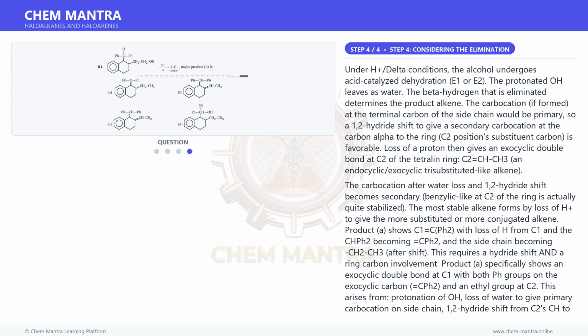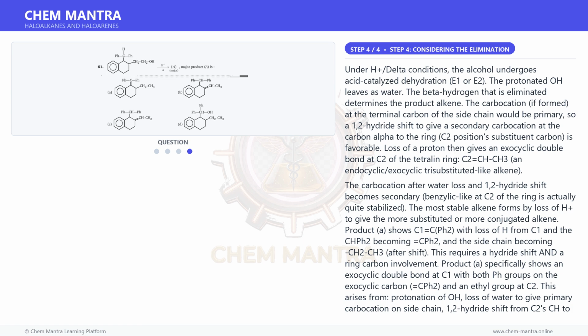Then loss of H+ from the exocyclic carbon, the CH-Ph2 at C1 loses its H, gives C1 double bond... No. More precisely, with the cation at the C2 ring carbon, loss of H from C1 gives a C1=C2 endocyclic double bond in the ring, or a 1,2 Ph shift from C1's CH-Ph2 to the cation at C2 gives a new cation at C1, which is stabilized by the remaining Ph, tertiary benzylic, then loss of H from the exocyclic position.